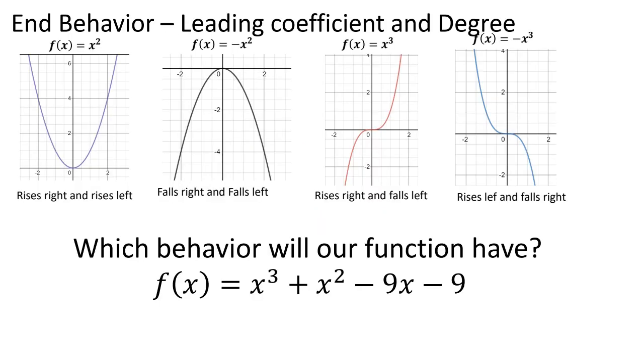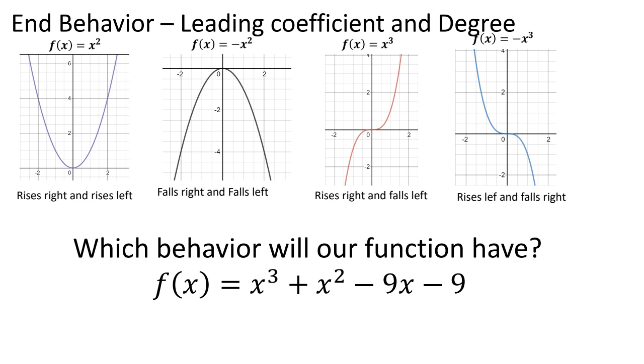So just to review, this is our information for our end behavior. If we have an even function and our leading coefficient is positive, the graph will rise on the right and rise on the left. If we have an even function and our leading coefficient is negative, then our end behavior is going to fall on the right and fall on the left.